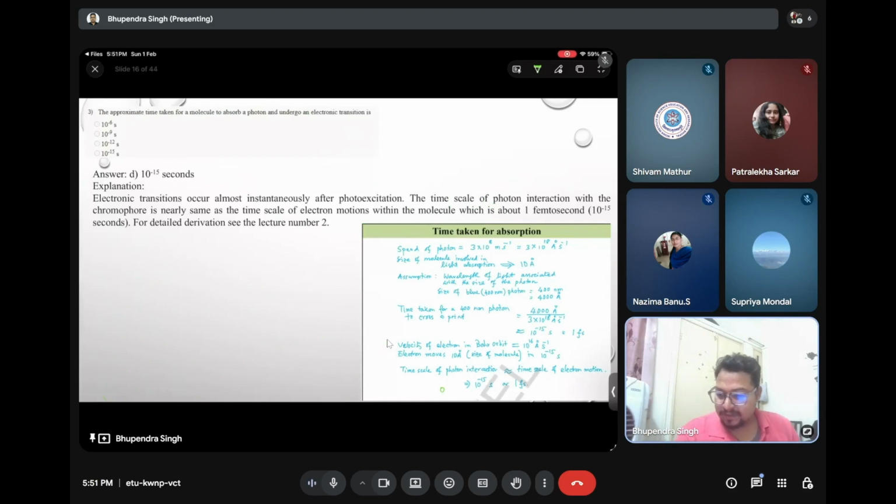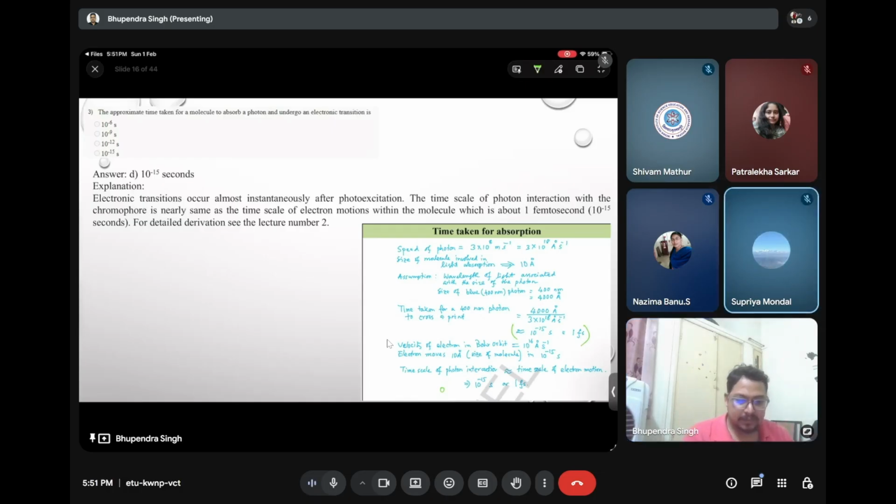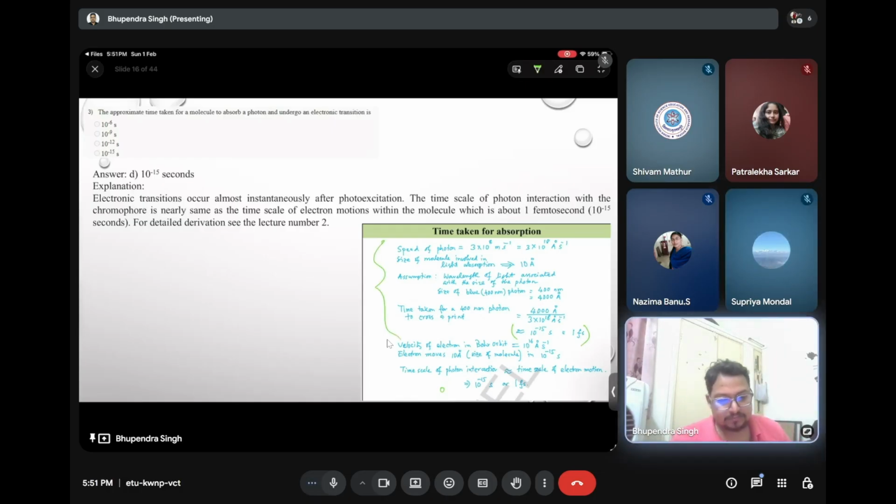The approximate time taken for a molecule to absorb a photon and undergo an electronic transition is. You must have known this. Yes, and the calculation is written here. Let's say the way sir has solved that the speed of light is 3 into 10 to the power 8 meter per second, right?